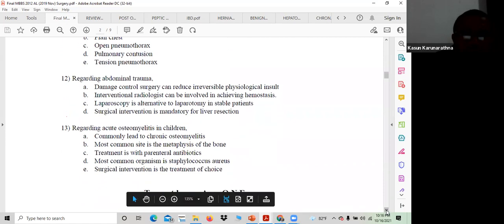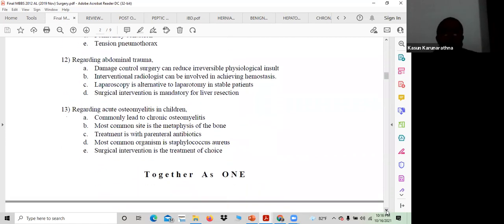Regarding abdominal trauma, damage control surgery can reduce the irreversible physiological insult. Yes, that is the idea of damage control surgery.